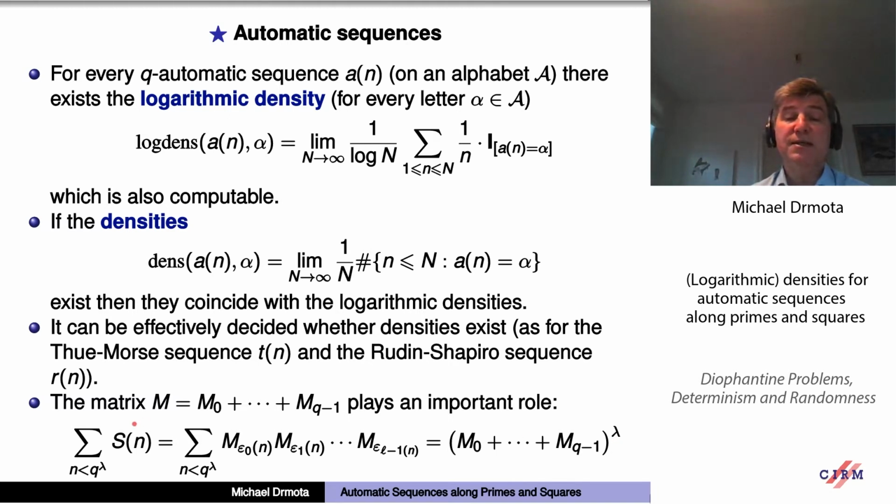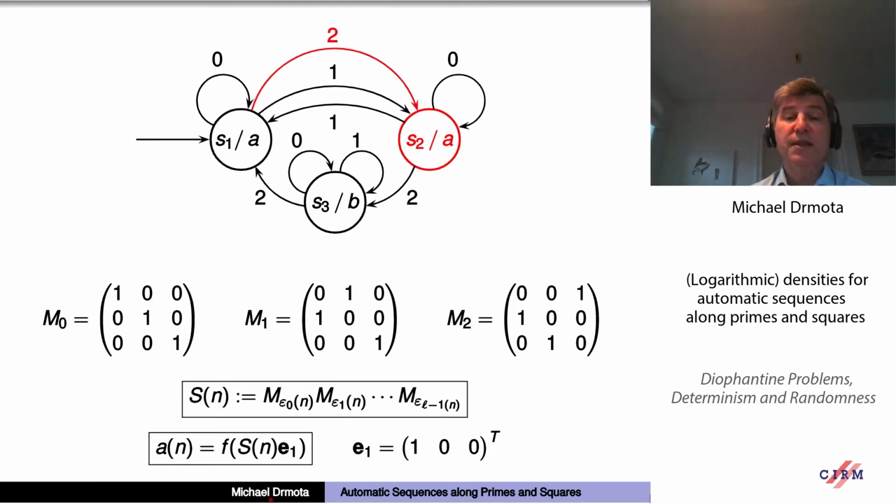So this sum matrix has a very simple form, and the powers of this matrix actually give you information about the average of the states that you end up in when you go through this automaton with several inputs.